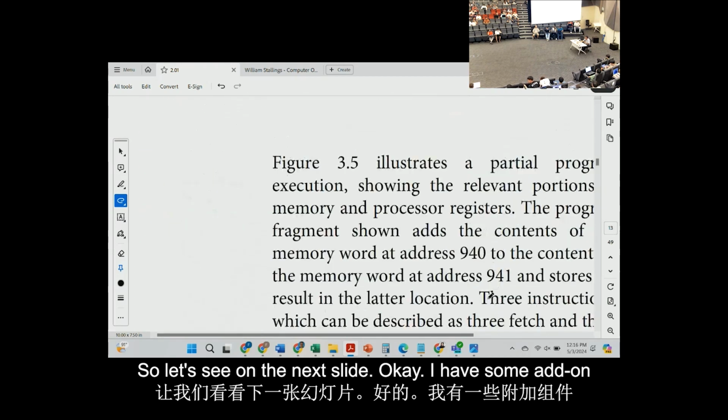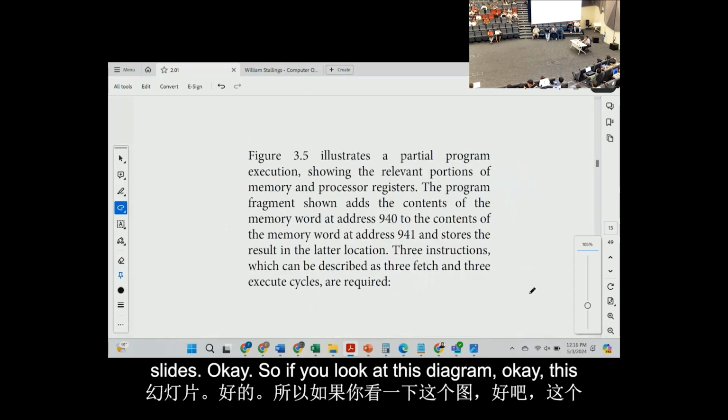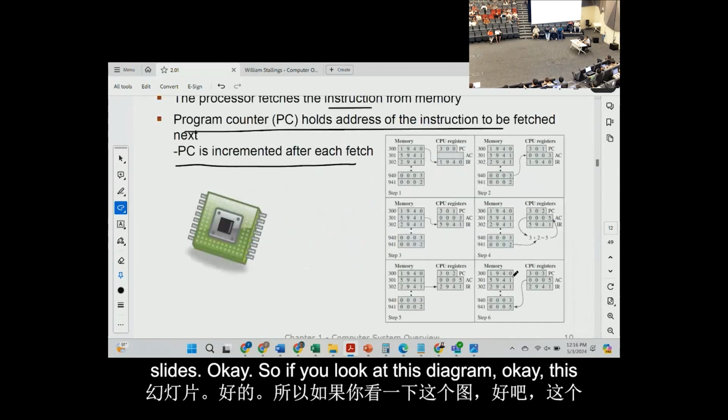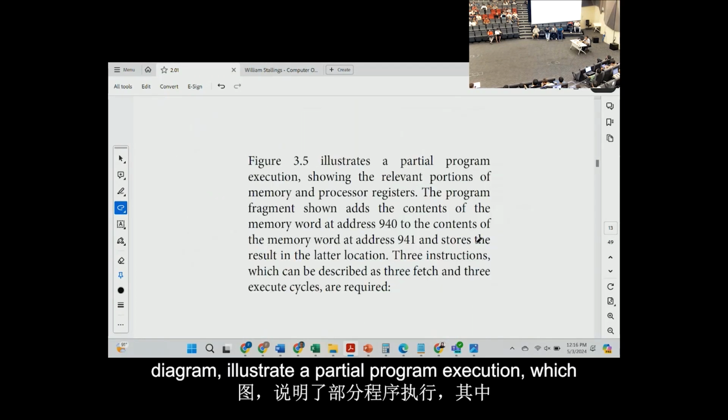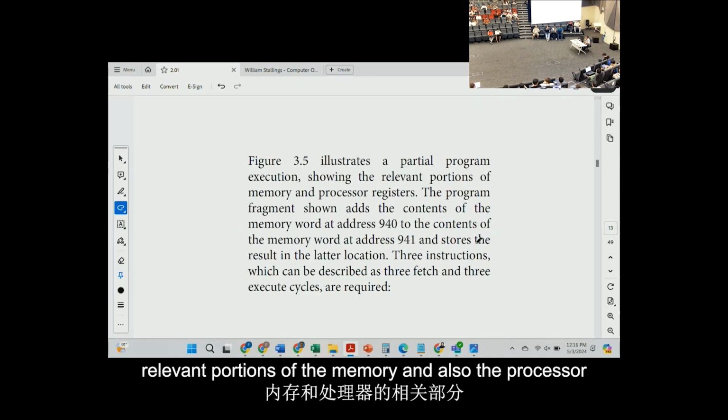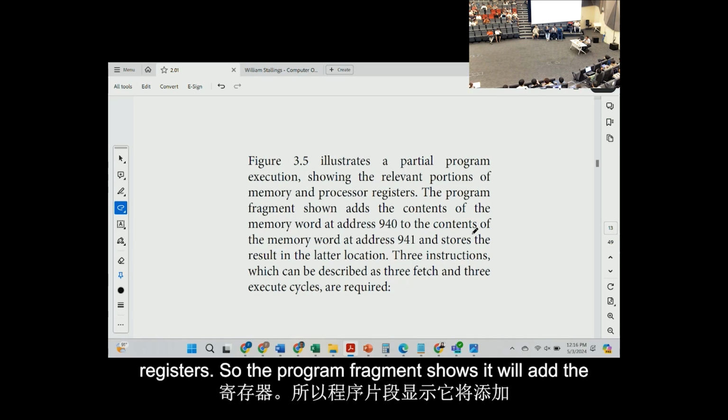I have some add-on slides. This diagram illustrates a partial program execution, which means it is just a simple one. It shows the relevant portions of the memory and also the processor registers.